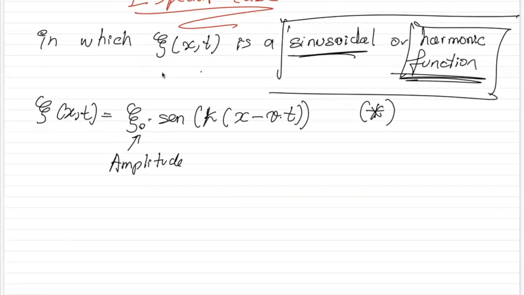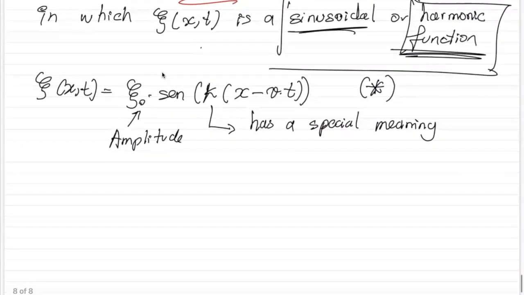Here k has a special meaning. Next we are going to realize that k is the wave number.